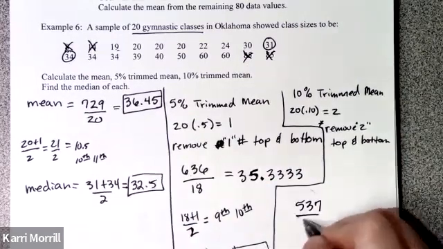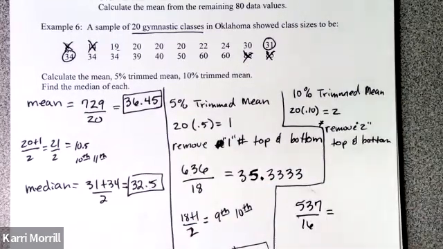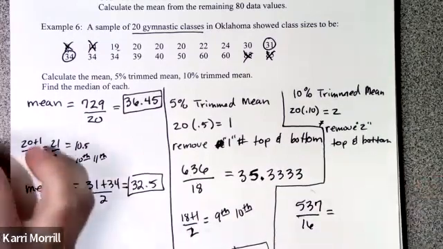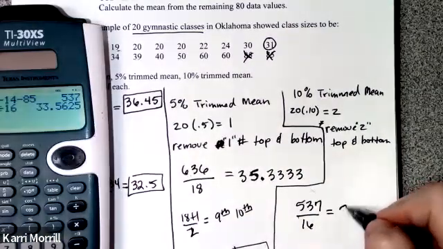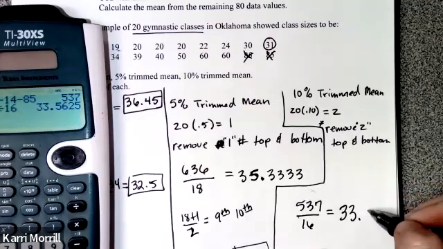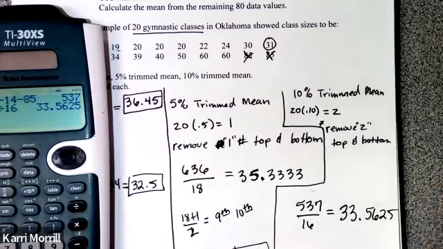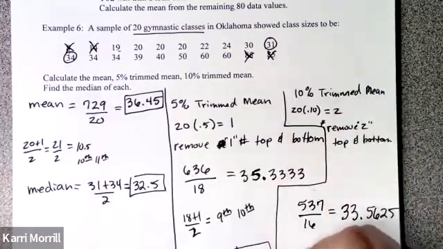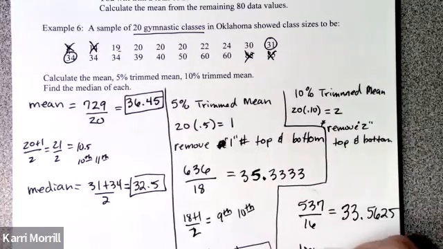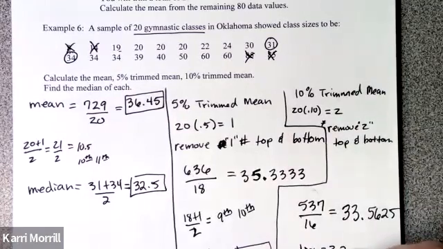And so we will divide that by 16, and it does end in 4 digits, so we don't have to round, 33.5625. So one thing, again, the median would still be the same, 2 middle numbers, so my median remains the same, 32.5.